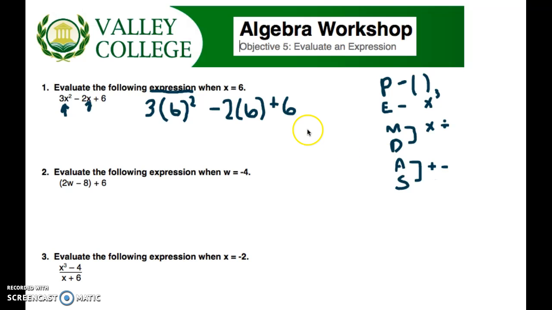So let's have a look at what we can do first. I have a 6 squared, and since we do exponents before we multiply, I'm going to do my squaring there, and I get 36. It's multiplied by the 3 out front. I then have a negative 2 times 6, and I'm adding 6 here at the end. So here I then look, I have multiplication here, I have subtraction here.